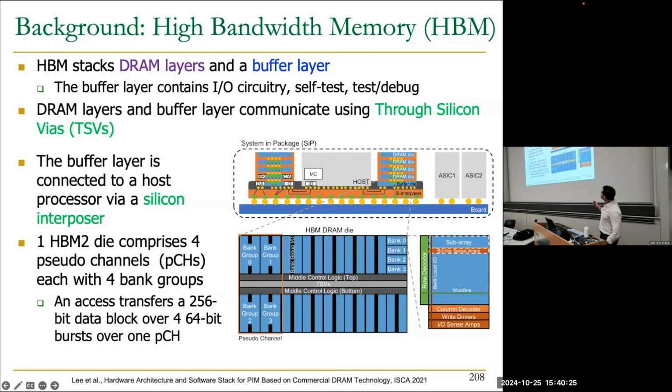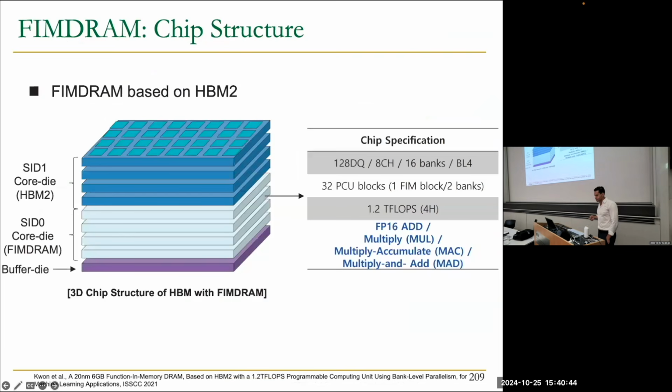But the row size is a bit smaller, so this is 1 kilobyte, and in DDR4 it is 8 kilobytes. So it's a trade-off, because we want to have more DRAM banks, so then you can operate them more in parallel. So in the original paper, Samsung called this their architecture FIMDRAM.